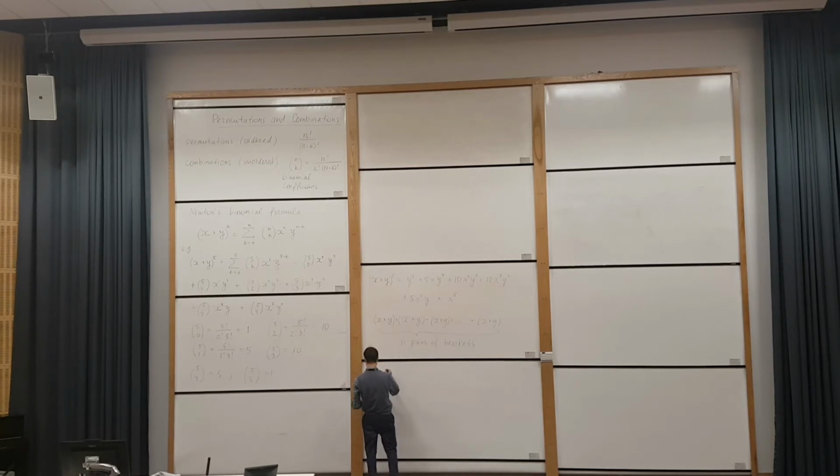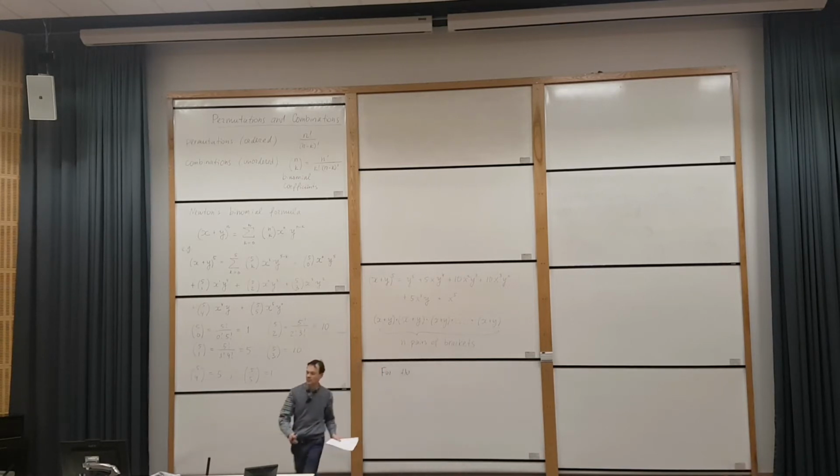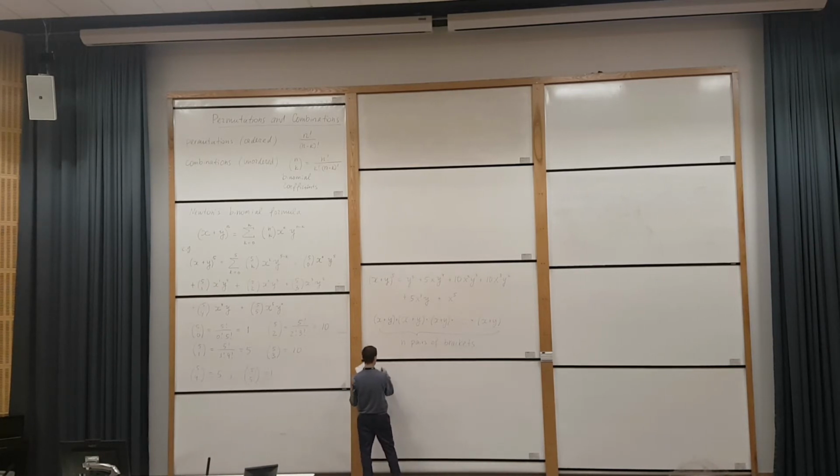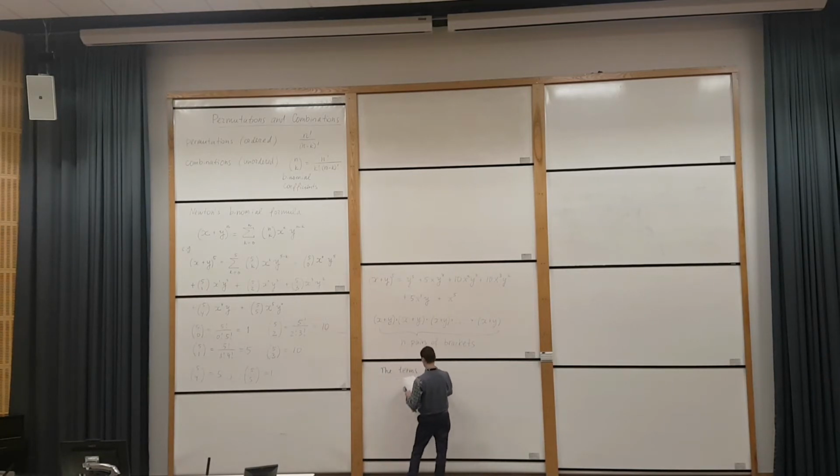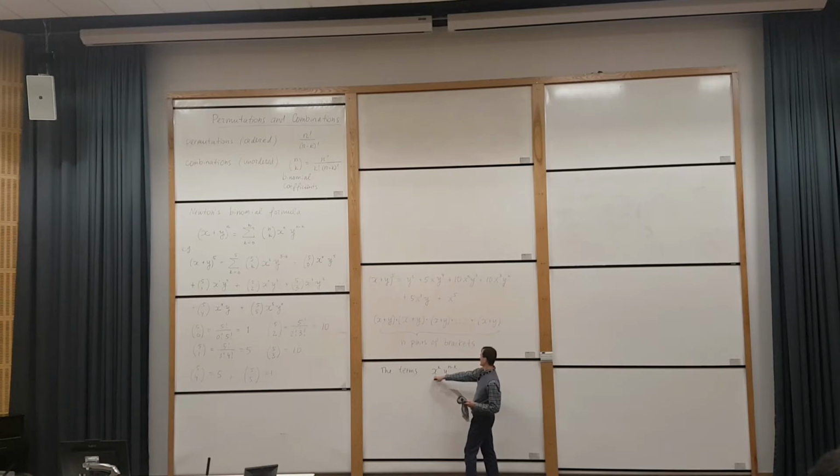And for the terms which come with the k power of x, the terms x to the k, y to the n minus k, means you pick x from k pairs of brackets, and you pick y from the rest of them.